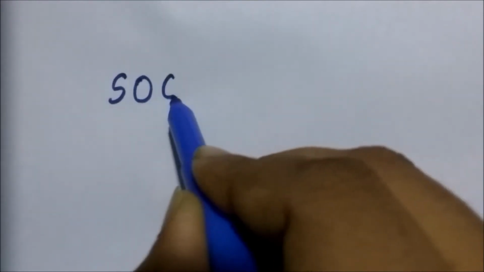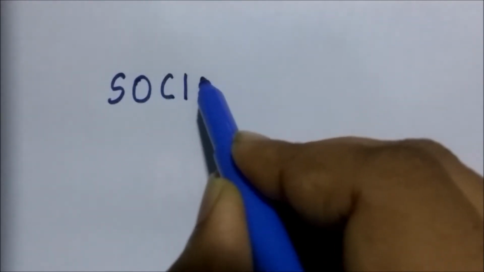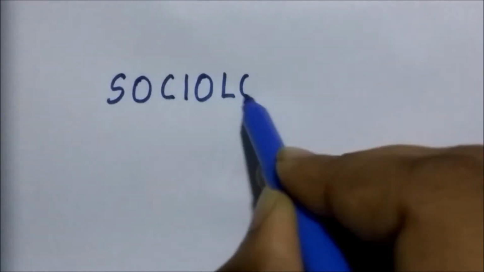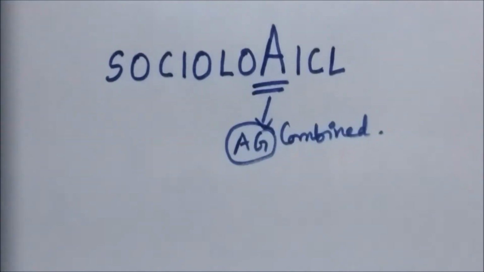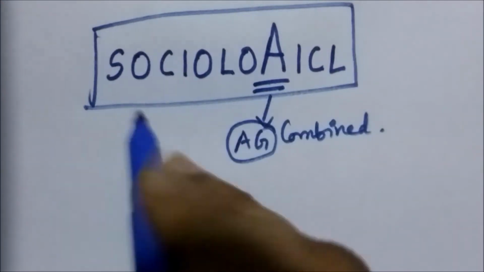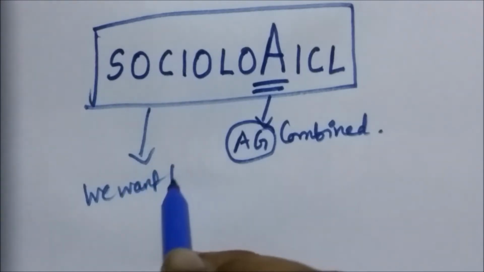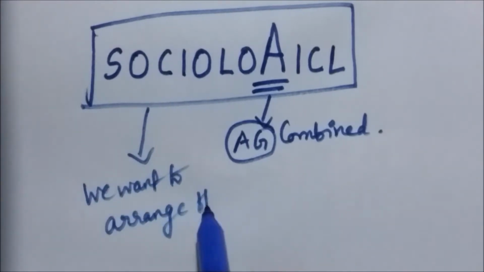So as we wanted A and G to be occurring together, we converted that to a big letter A, and if you see in the word sociological, we replaced A and G with the big letter A, right? So now it became an 11 letter word where we want to arrange that 11 letter word and see how many such arrangements are there.